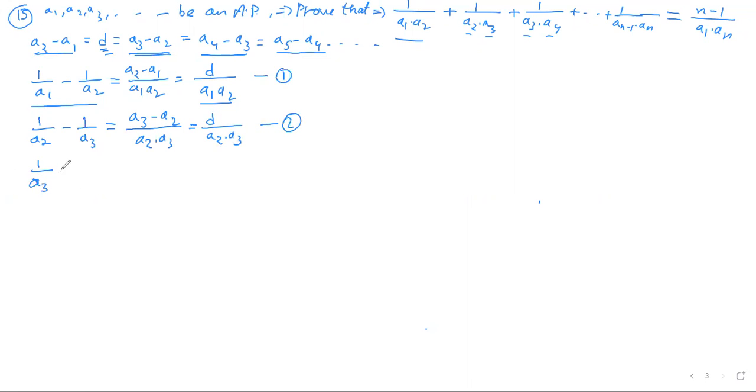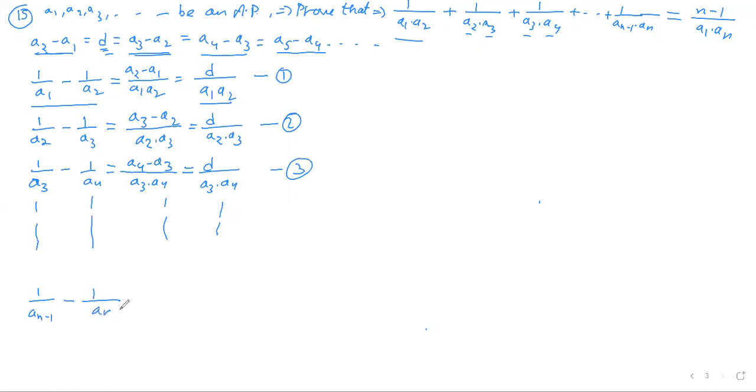Then 1 by a3 minus 1 by a4 equals a4 minus a3 over a3 a4, which is d upon a3 a4, equation 3. Moving on, for the second last, n minus 1, and last, an, the LCM is an minus 1 into an, and the difference of consecutive terms is again d upon an minus 1 into an.